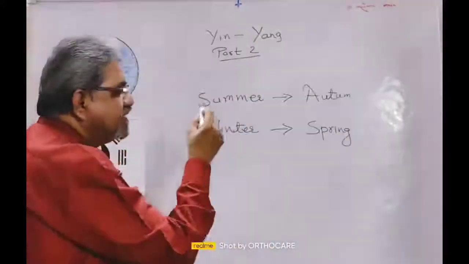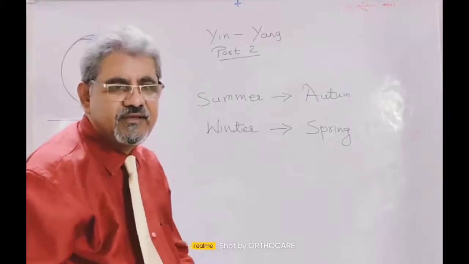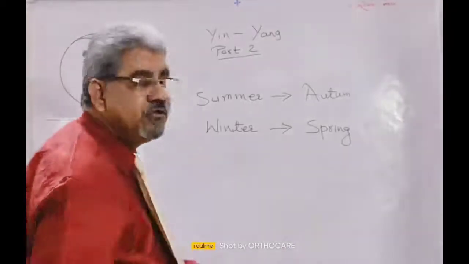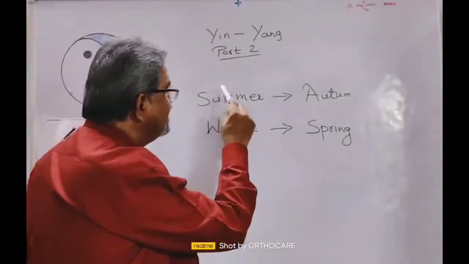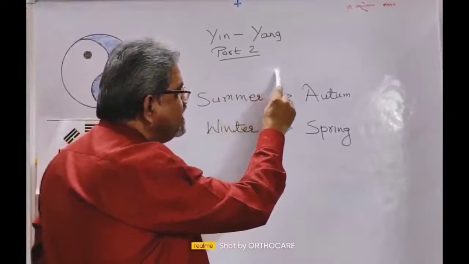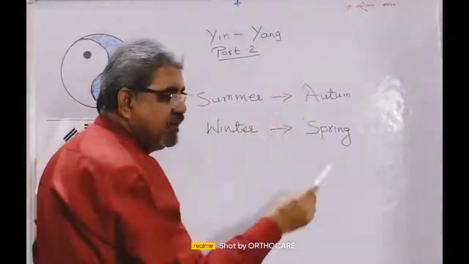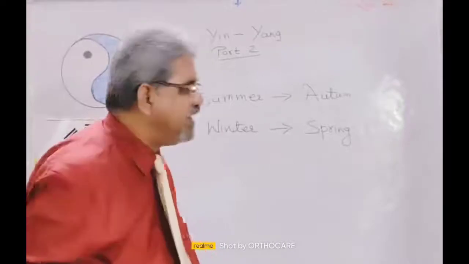So when there is summer, the sun and the climate are very, very hot, too hot in certain places. But as this is yang, it starts to be consumed by yin, like when I explained the day changing to night.